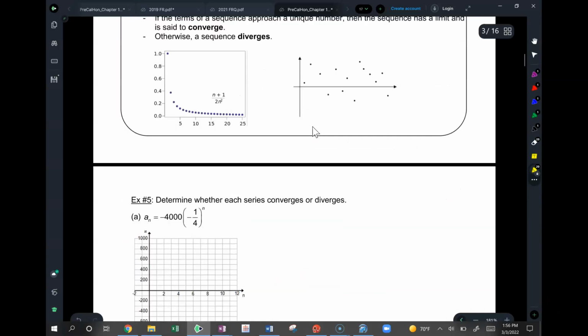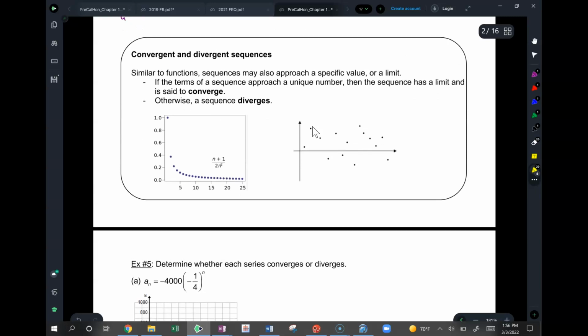If you see that the values in your sequence, like this one, started way up here and then keep going down, little by little they are approaching a value of 0, right? If the values in the sequence are approaching a certain finite number, then we say that that sequence will converge, if the terms approach a unique number.